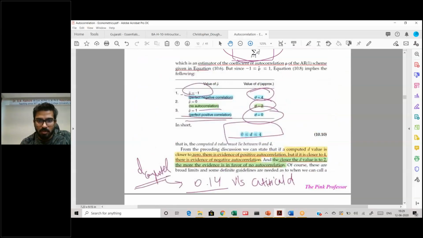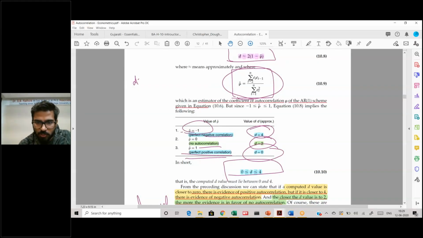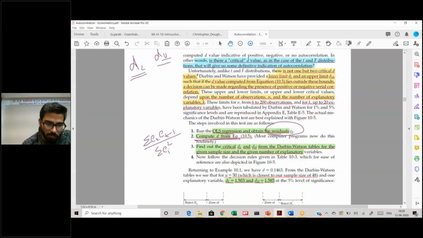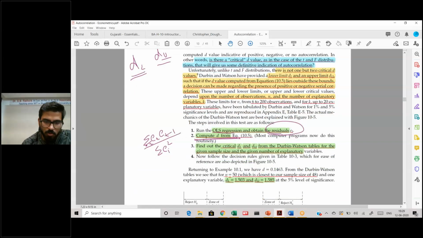Remember this is from t equals 2 till n. Why from the second observation? Because the first observation has no previous term. The denominator is from 1 to n. You will find out the value of rho, and from the value of rho you can find out the value of D. This is how you will find the value of your D statistic.